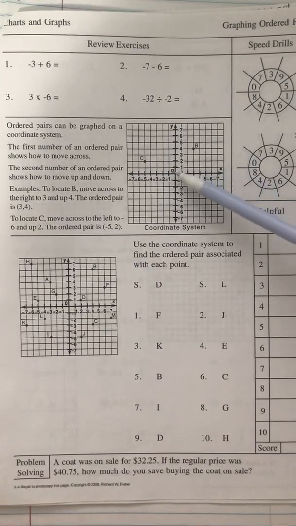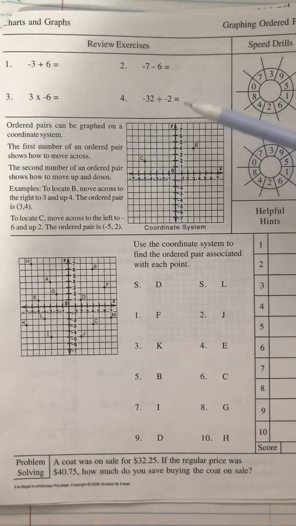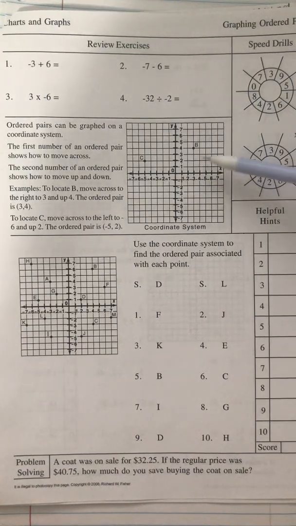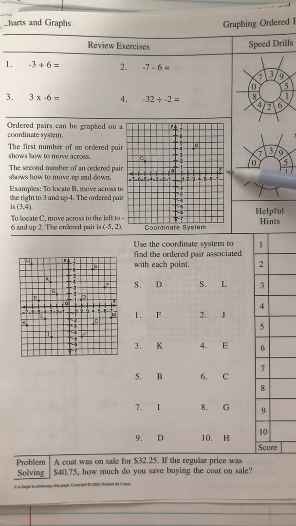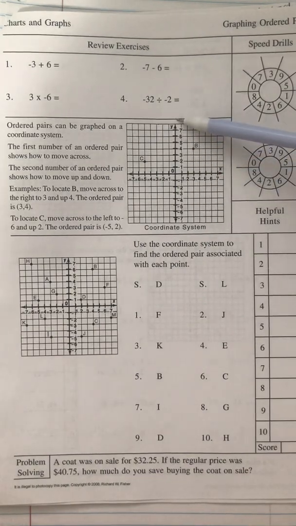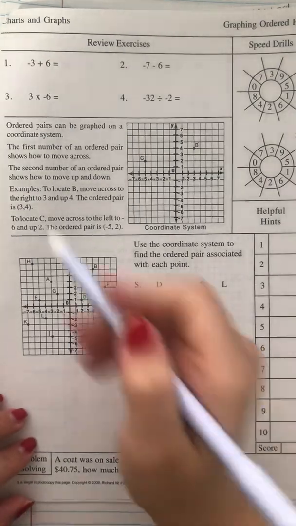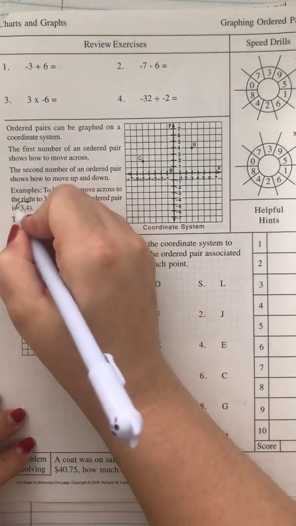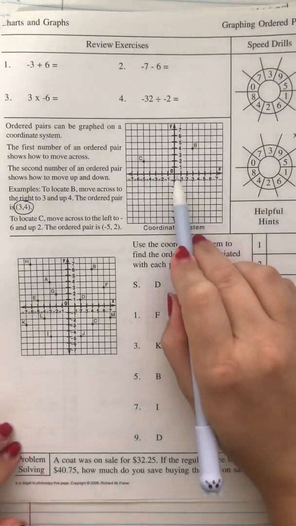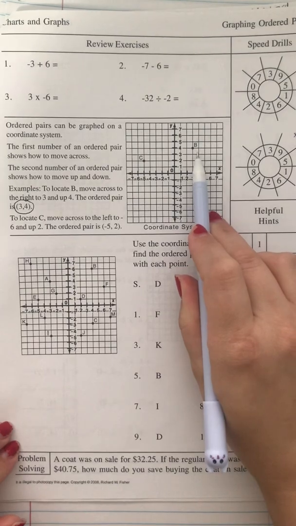Because we went right and then up, notice that all of these numbers were positive. The right from the 0 is positive, and up from the 0 is positive. So that means that our ordered pair would be 3, 4.